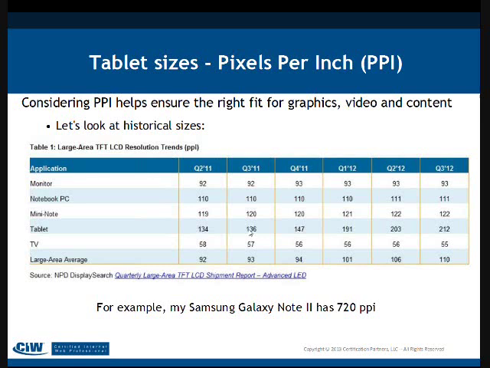That's the last time that the data was available. Notice that the pixels per inch keeps increasing, and that gives us more ability to be creative, but it also can cause issues.